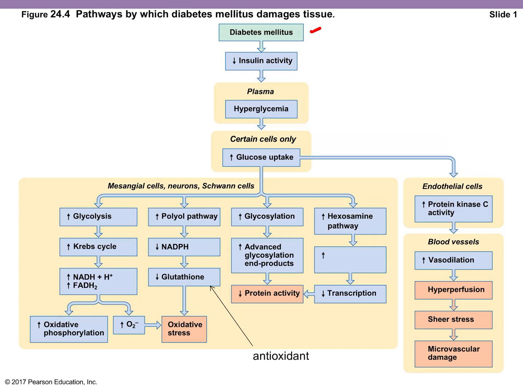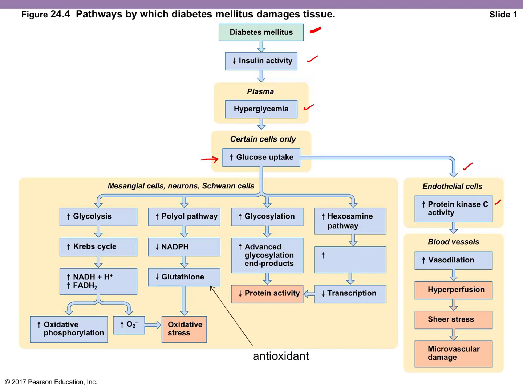So here's diabetes. Low insulin activity, hyperglycemia, okay? Certain cells will increase their glucose uptake. So remember, many cells don't need insulin. They can take up glucose regardless. And when they do that, let's start with the one we just talked about, right?